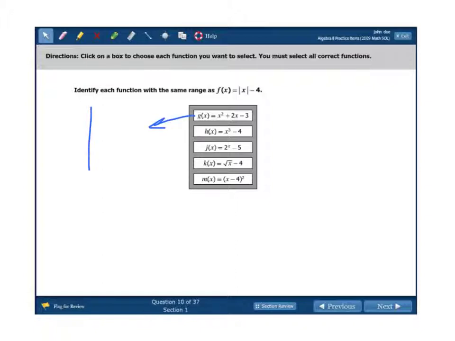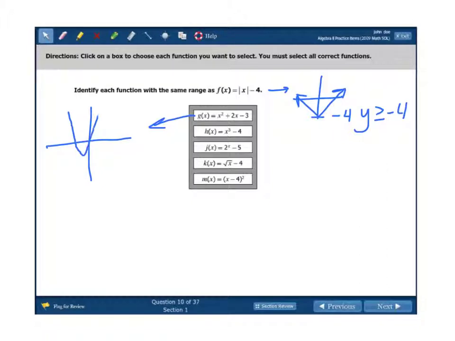All right. So which has the same range as that function right there? If I graph this function, I have an absolute value graph, so it's V-shaped, and it goes down to -4. So the range here is y is greater than or equal to -4. This parabola also has the same range because it has a vertex at -1, -4, which I can find by putting it into vertex form.